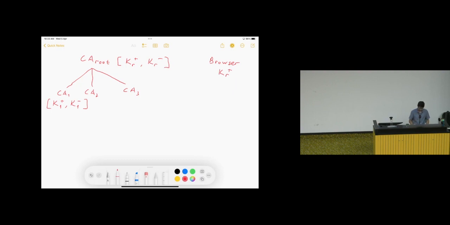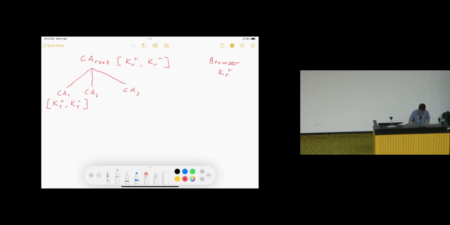So your browser, once you download it, will not know all these companies and their public keys, so you don't know their identities. Even if they send you, here is K1 plus, here is certificate authority 1's public key, you cannot trust it because you do not have proof that it is K1 plus's public key.